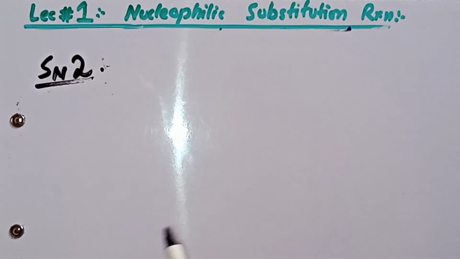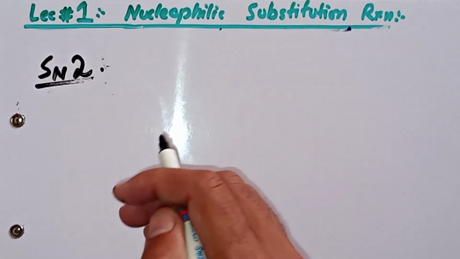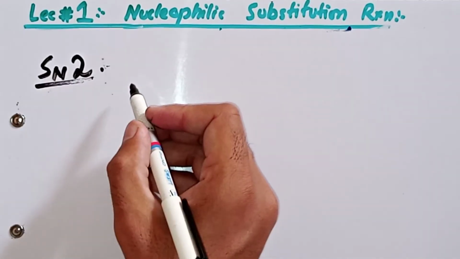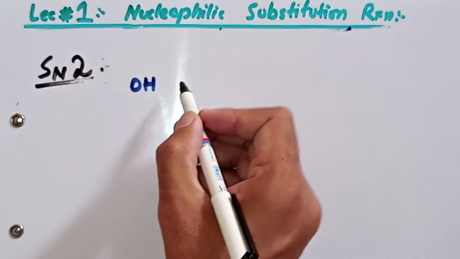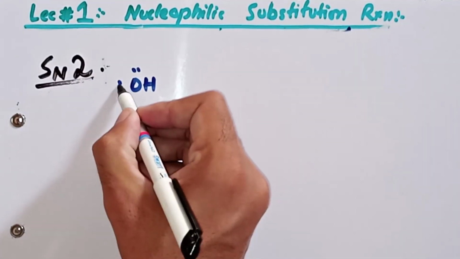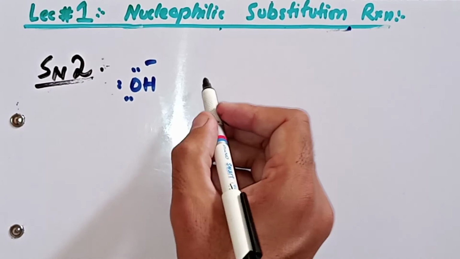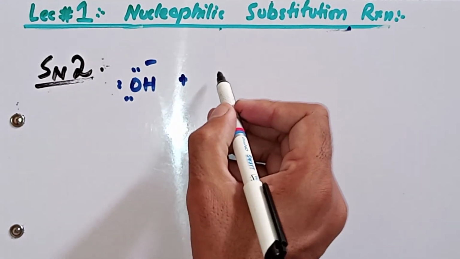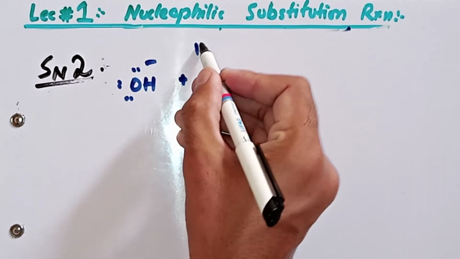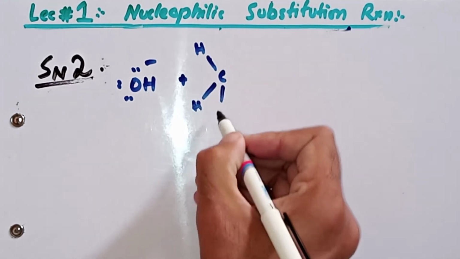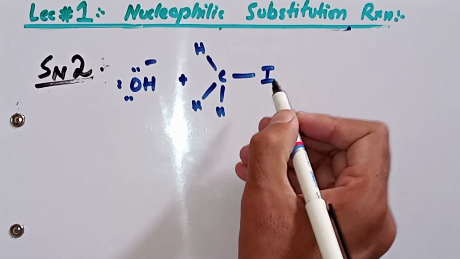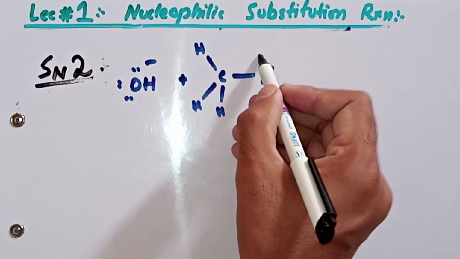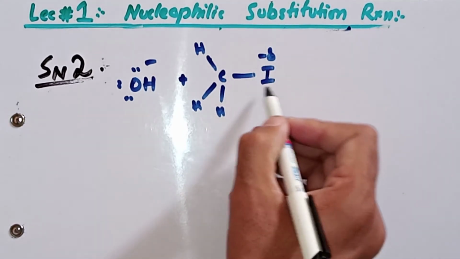So now let's start explaining one example of this SN2 reaction. Let's suppose an example of an SN2 reaction. This is the nucleophile, the OH group, plus this is the substrate, CH3 with iodide. Iodine has a partial negative charge because it is the most electronegative element.